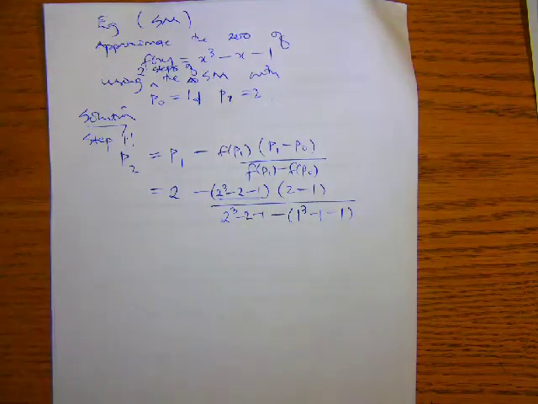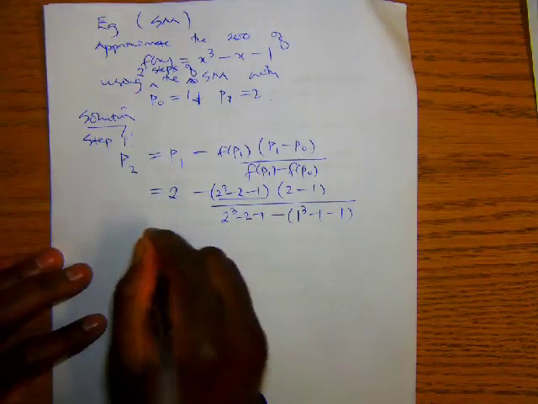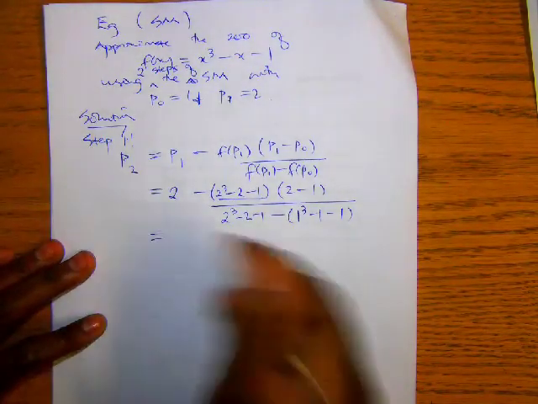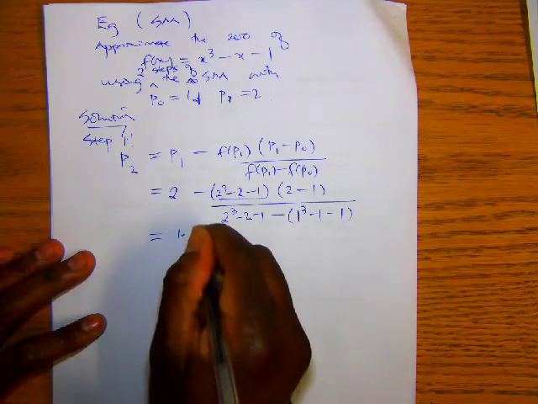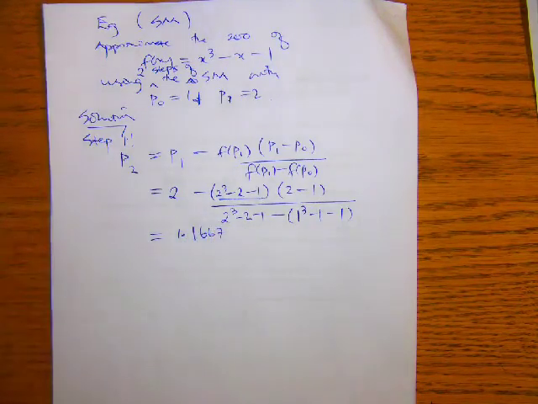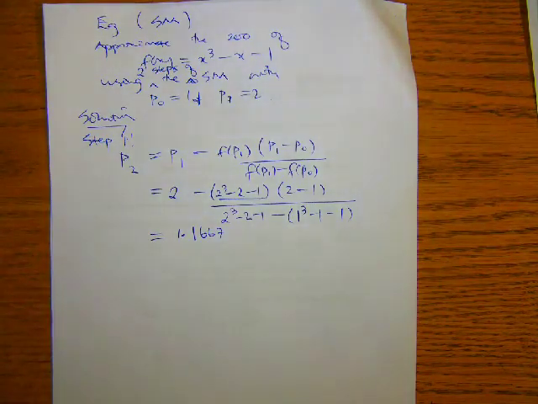If I did this calculation correctly, I did it earlier and I got 1.1667, correctly rounded to 4 decimal places. So this is your estimate to the zero at the end of the first step.